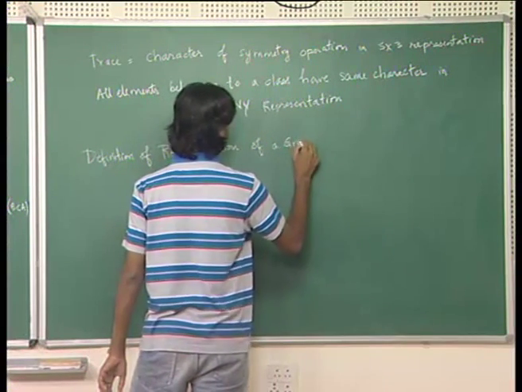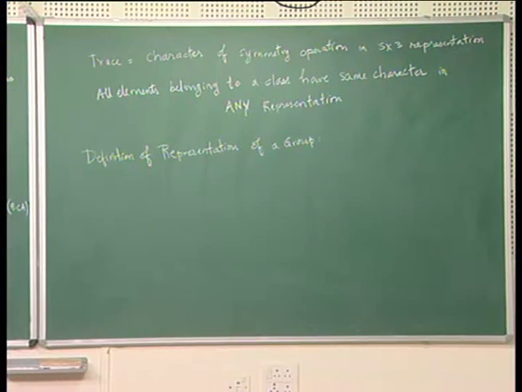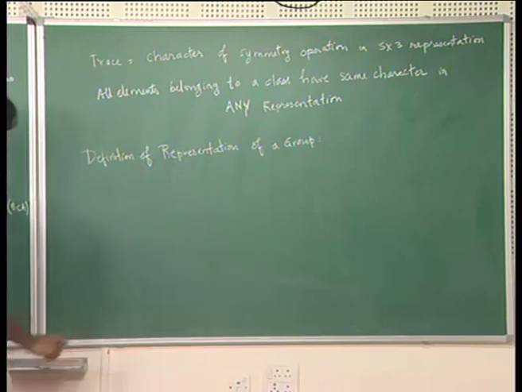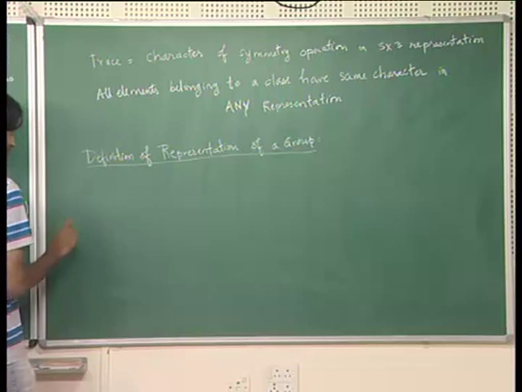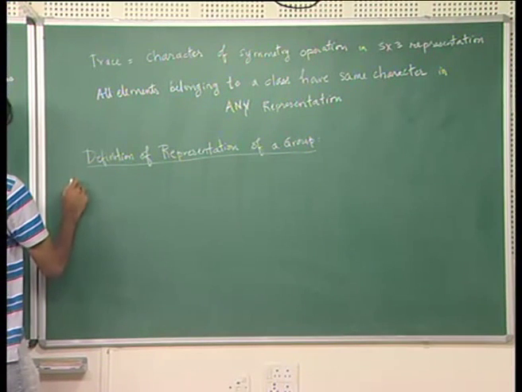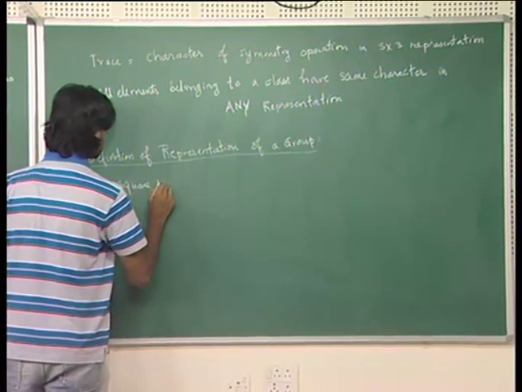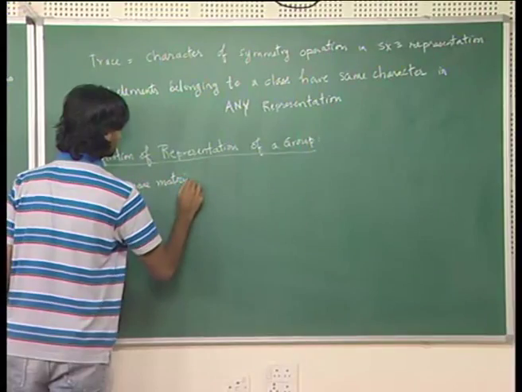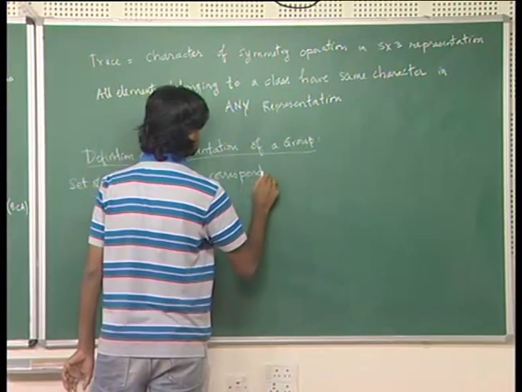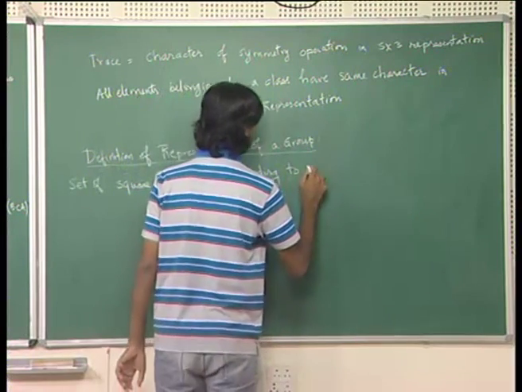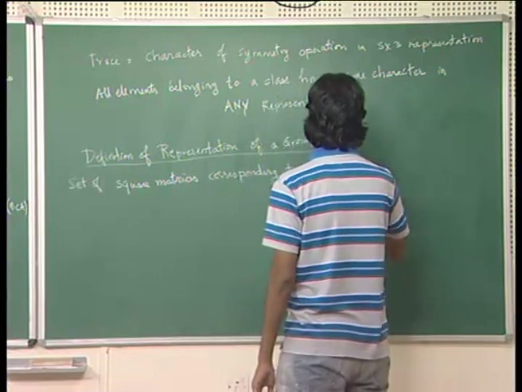Of a group. Okay. So, we have looked at this example and we have seen how to use the 3 by 3 matrix. So, the definition of representation of a group, the general definition is that this is a set of square matrices corresponding to various operations.